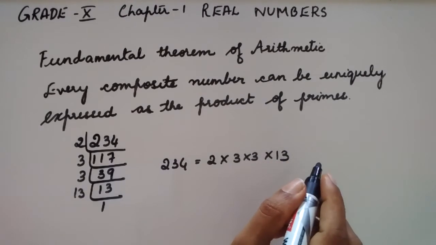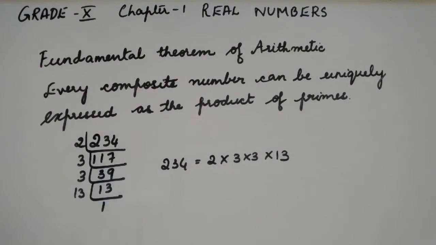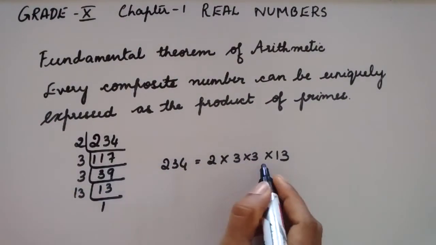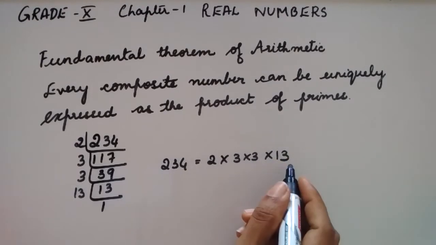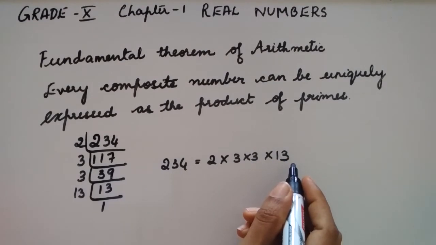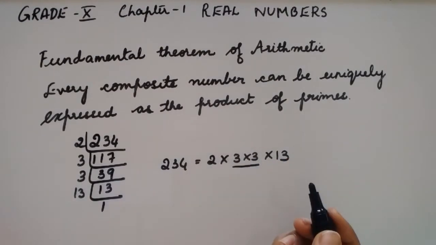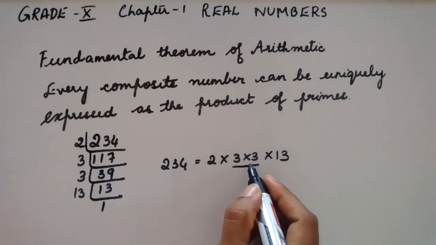And the standard form is we have to write it in ascending order, isn't it? So is it in ascending order, students? Yes, it is in ascending order. And we have repeated prime factors here, isn't it? So 3 is repeated, so we have to write in terms of powers.